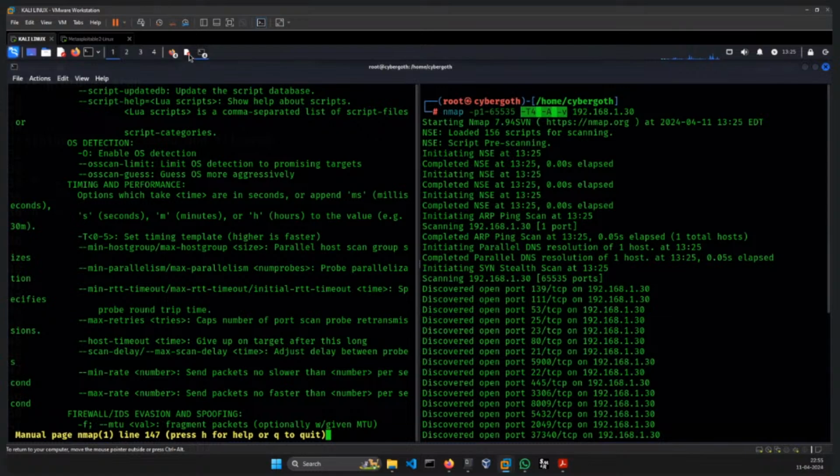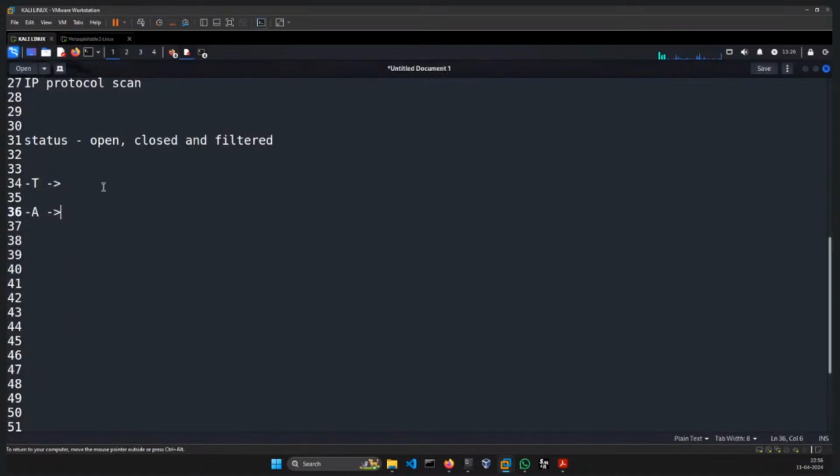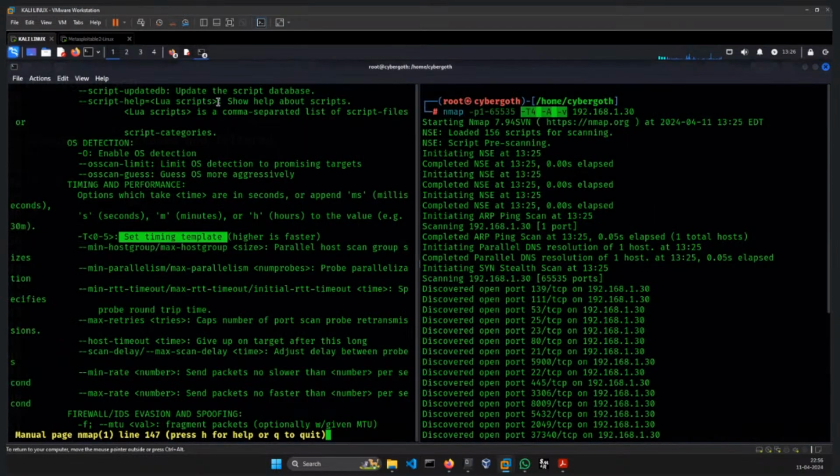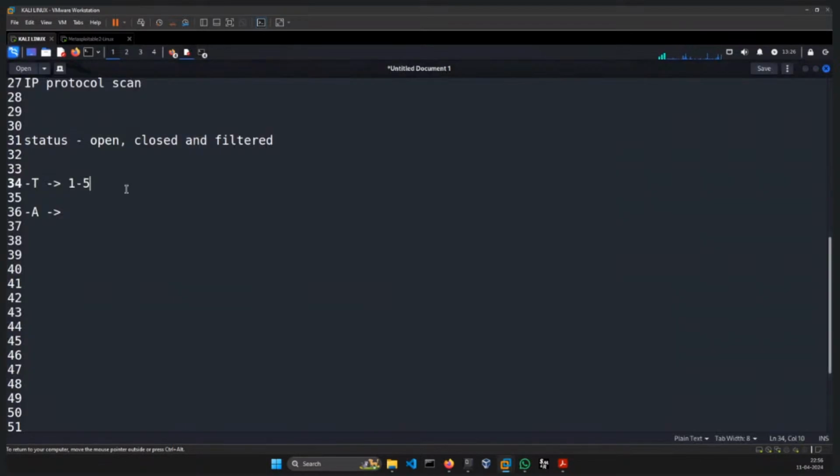T is the timer, right? So if you come over here, you can see 'set timing template'. The higher is faster, right? So we know the timing is from 1 to 5. Or is it from 0? It's 0 to 5.